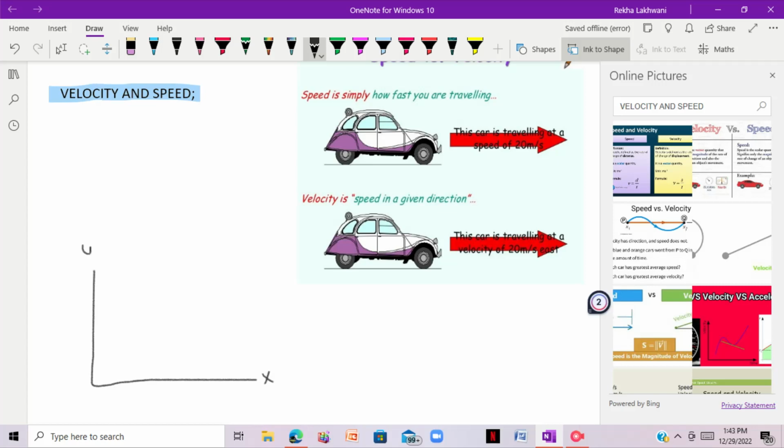This is our origin, or you can say this is the frame of reference.